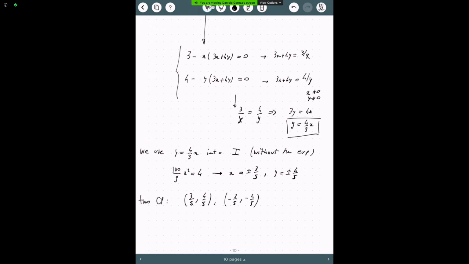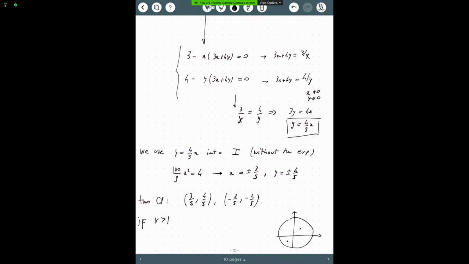Yes, so the point is if the radius is strictly greater than 1, so if our disk has a radius strictly greater than 1, we are in the situation in which the 2 points actually belong to the interior of the disk. So they are here and here.